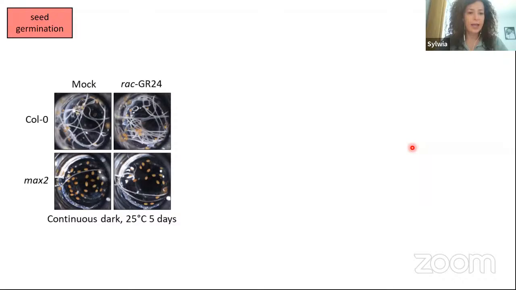But to study Kai2, they put seeds in a buffer in 96-well plates in continuous dark, and also at higher temperature, at 25 degrees. Then we check Col-0 will germinate lower, and this can be induced by GR24, while MAX2 will almost not germinate.